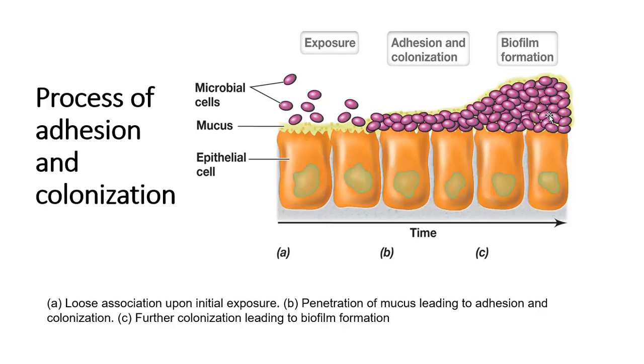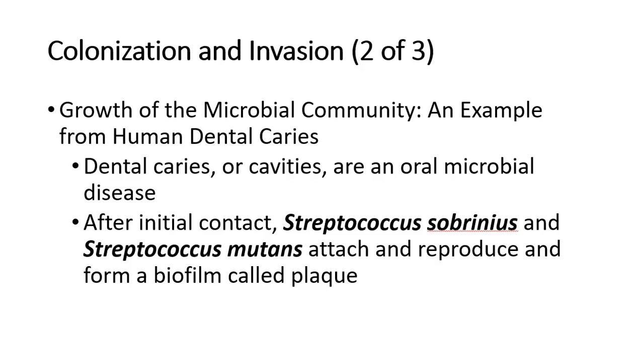We've talked about biofilms, that ability of these guys to stick together and cover an area. And when you get a biofilm formed, that's when you're really going to start to get invasion.